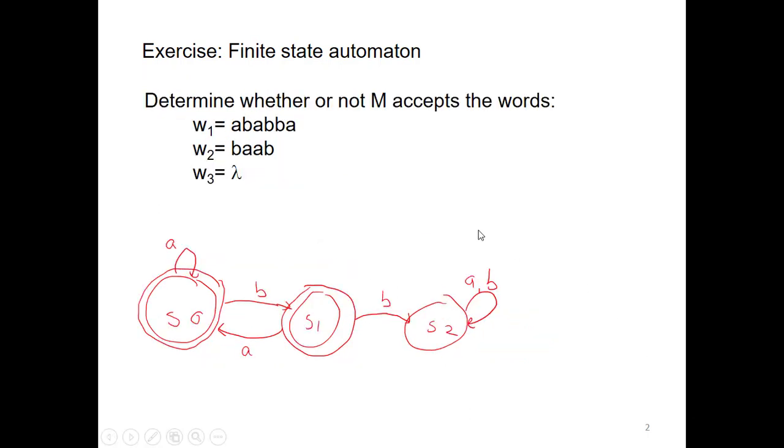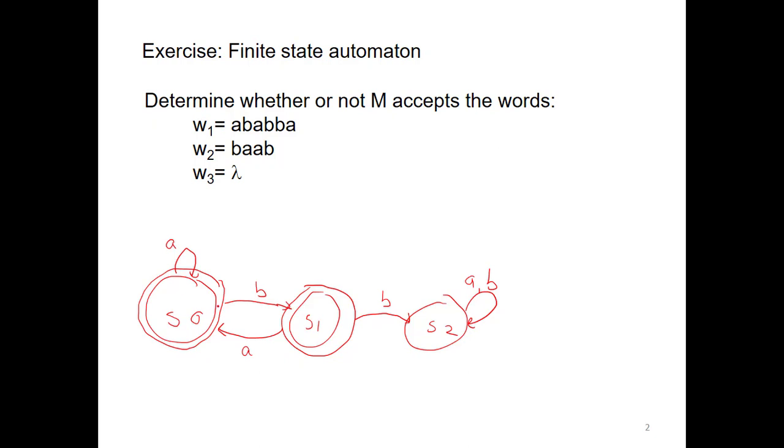Okay, we've just drawn a graph of a finite state automaton. Now let's see if the words given here, W1, W2 and W3, are part of the language generated with the finite state automaton. Okay, let's look at the first one, W1. We start with an A, okay, that's good, we stay in S0. Then we get a B, so we go to S1. Then again we get an A, so we go back to S0.